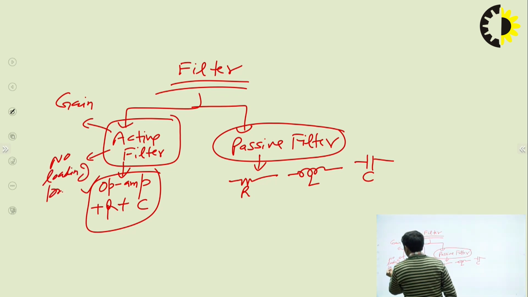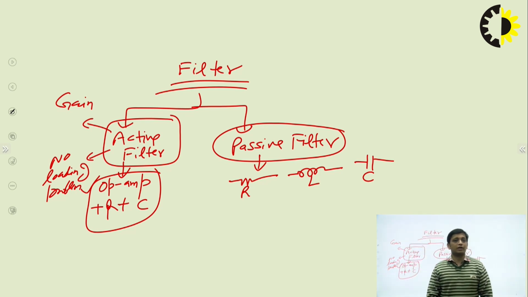The reason is that in operational amplifier, we normally use non-inverting configuration in active filters. Non-inverting configuration of op-amp gives high input impedance. That's why the loading problem is reduced in case of active filter. So these are the two main advantages of active filter. The first advantage is it provides gain, and the second advantage is there is no loading effect in active filters.